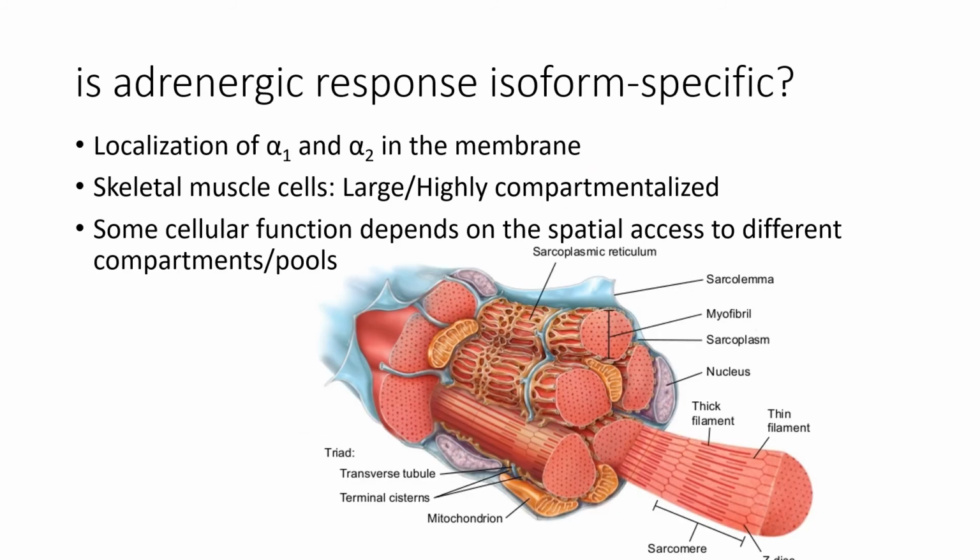There are many explanations for this discrepancy we discussed in the manuscript, but the one that I want to mention here is related to the localization of alpha-1 and alpha-2 in the membrane. Skeletal muscle cells are very large and highly compartmentalized. So some of the cellular functions in skeletal muscle depend on the spatial access of one pool of protein to another pool of protein, or another membrane domain.